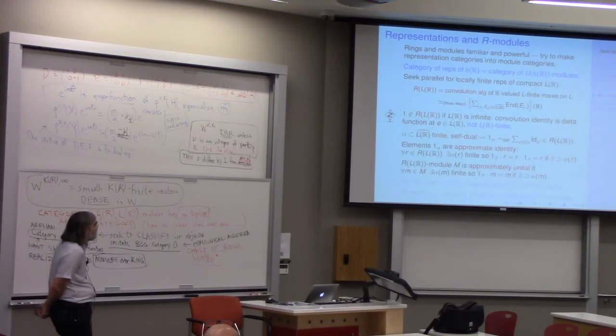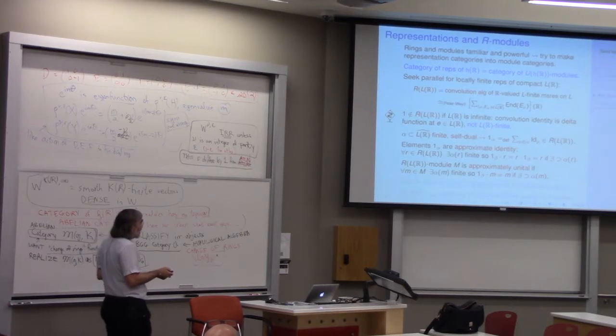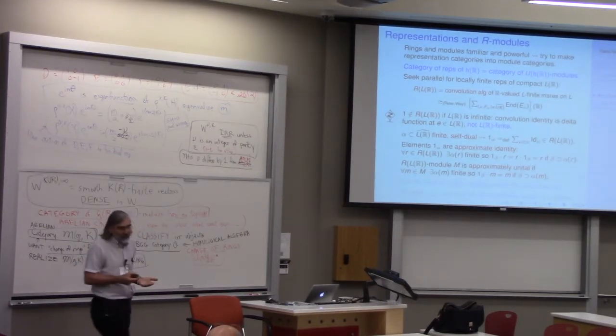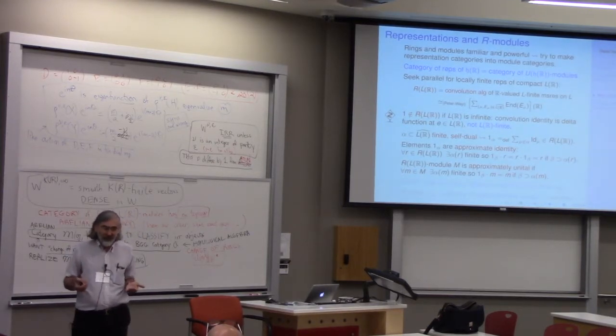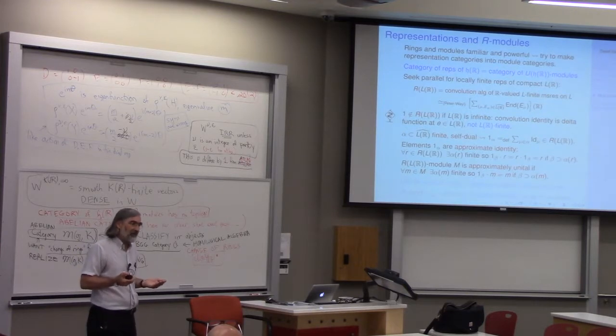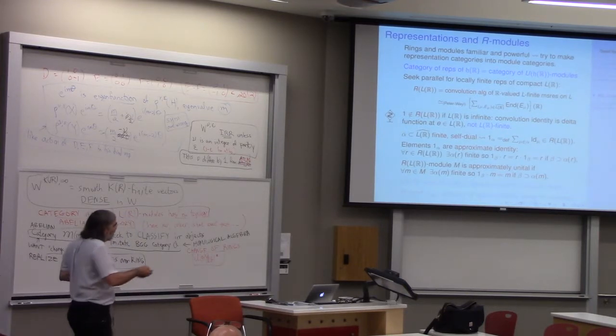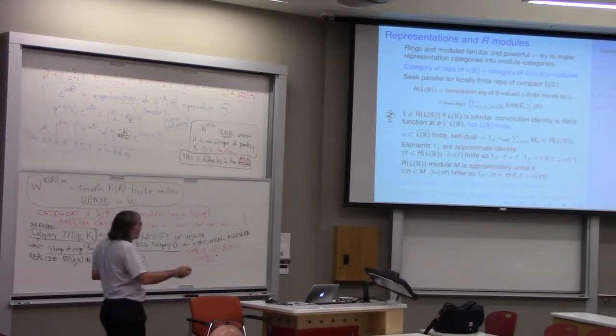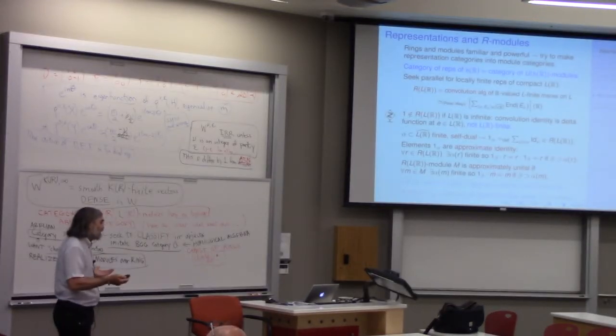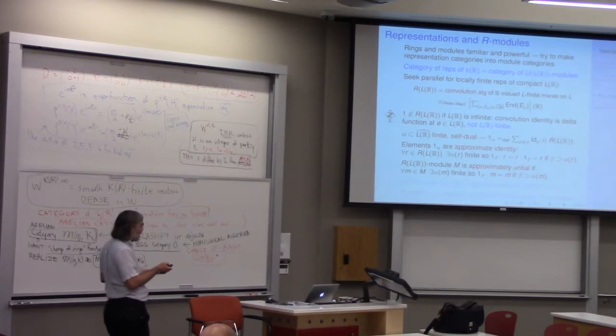So you can make the same definition for a module. Remember that a module is called unital if the identity element of the ring acts by the identity. Here our algebra doesn't have a unit, so we need the notion of approximately unital.